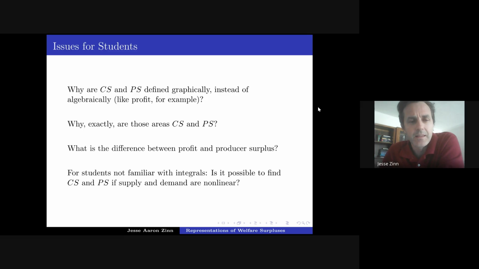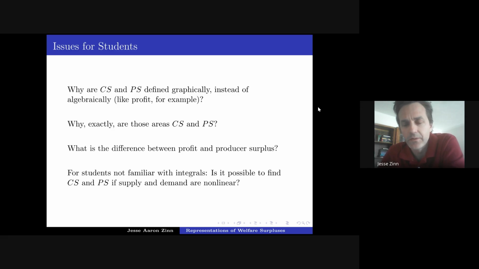And then another issue, especially for students who are in high school and haven't taken any calculus, or maybe even college students who haven't taken calculus: is it even possible to find consumer surplus and producer surplus if supply and demand are nonlinear?